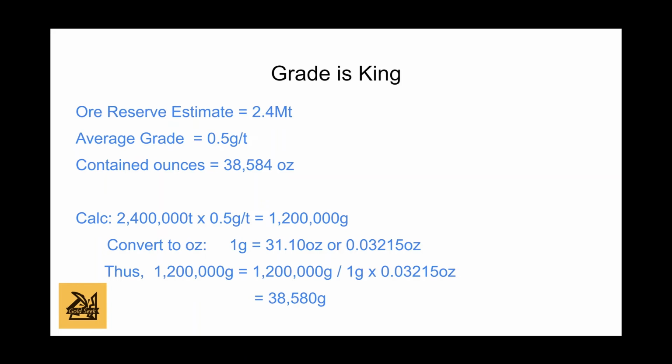Based on this, without having to work other examples out here, I have done quite a few examples for different grades, maintaining the same ore reserve estimate just to show why grade eventually is very important.